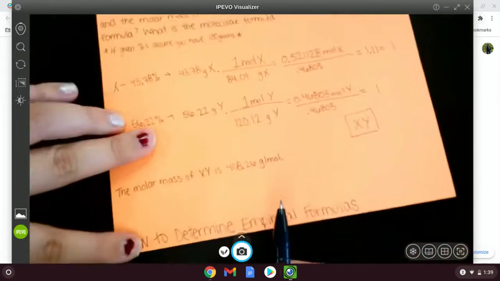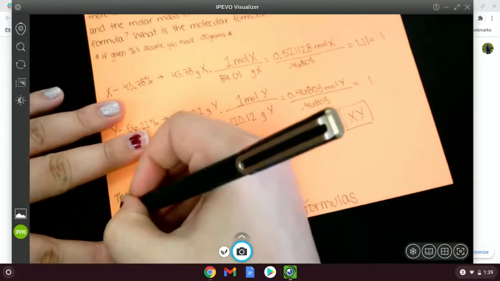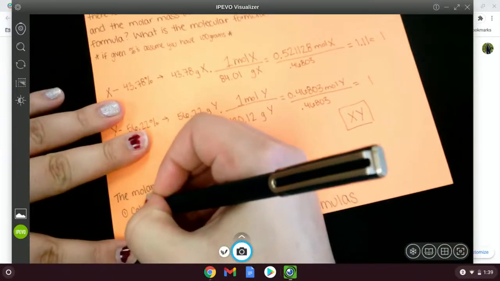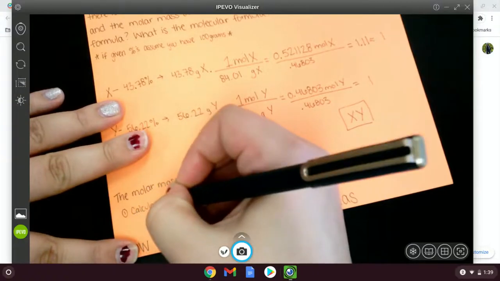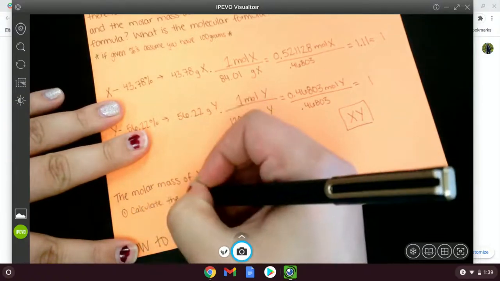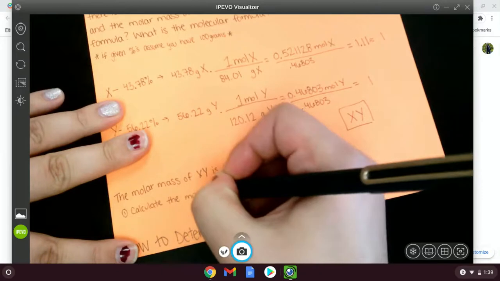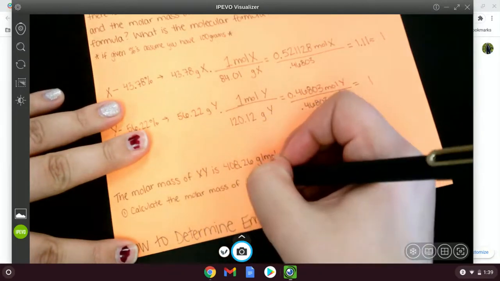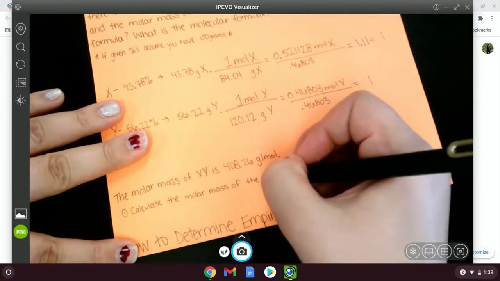Step 1 is to calculate the molar mass of the empirical formula, which is EF.